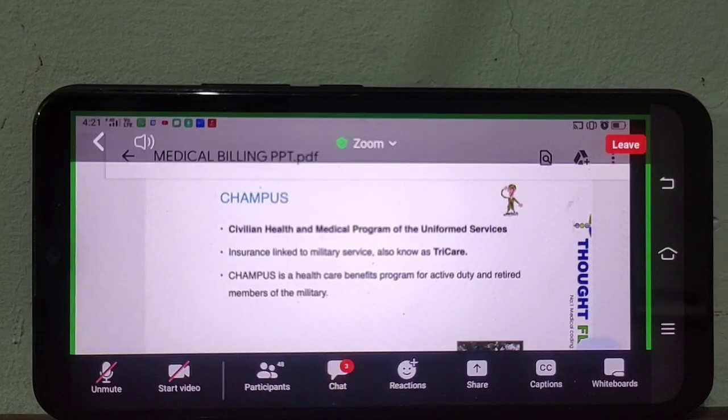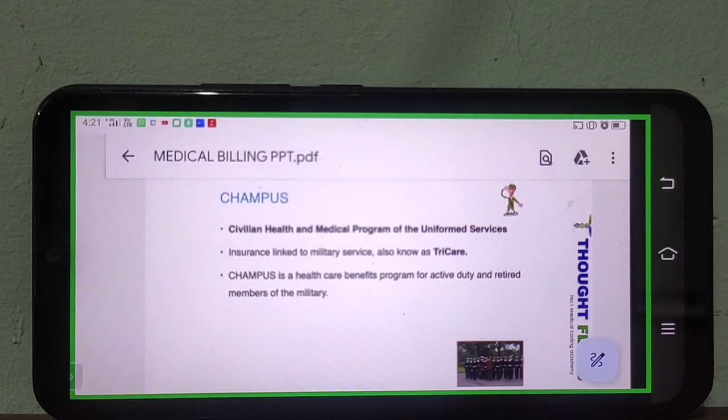A member who retired from that service or is active in duty, whatever it is, all military personnel are covered under this policy. Did you understand the concept of CHAMPUS?